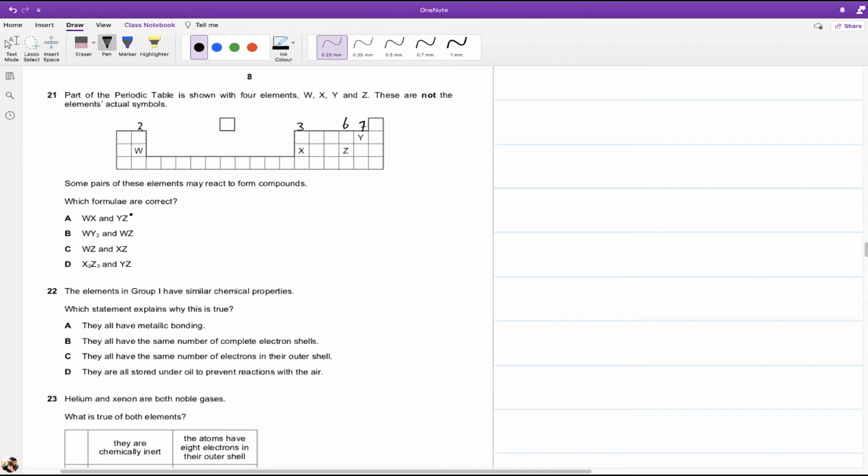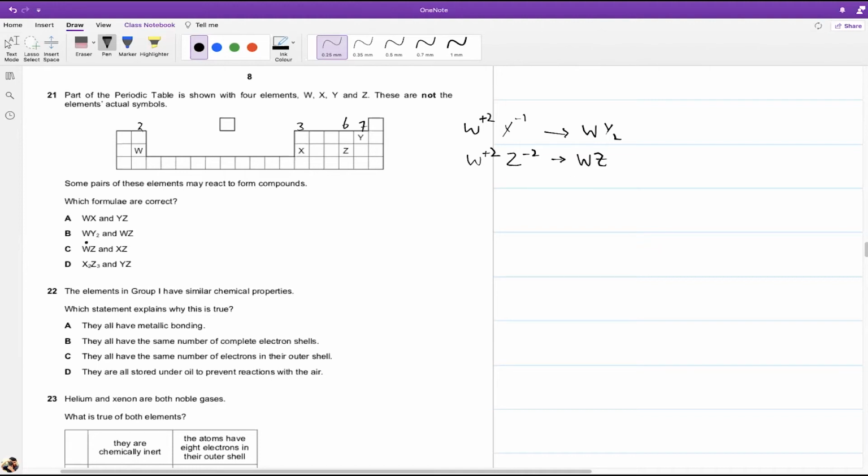Which formulas are correct? WX. Nope. That's not possible because W is a metal, X is also likely to be a metal. So that's not going to be there. WY2, let's see. So yeah, WY2 is possible because W will have positive 2, Y will have negative 1. WZ is also possible because W is plus 2 and Z is minus 2. So it's going to form WZ.